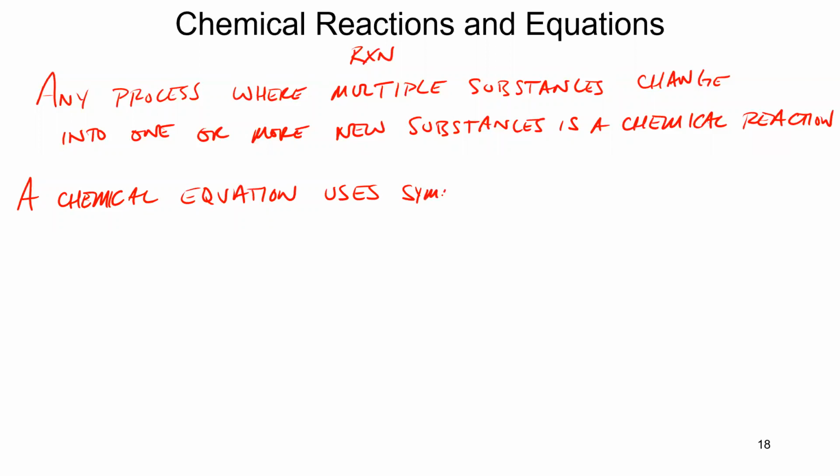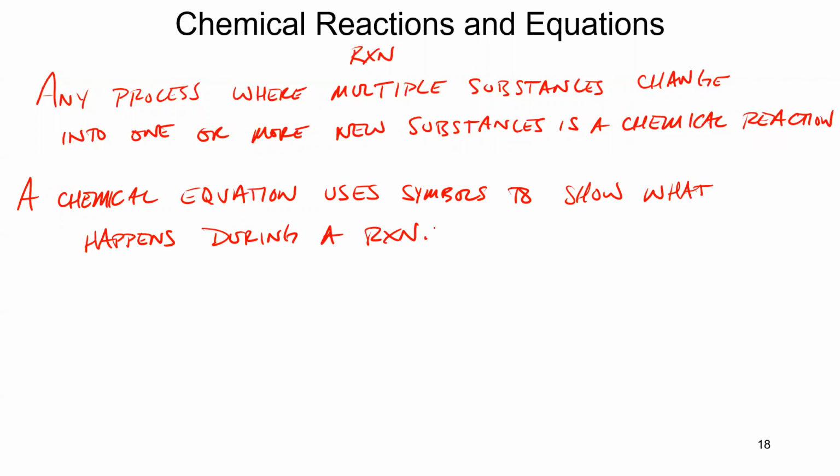It uses symbols to show what happens during a chemical reaction. Another shortcut that we use for equations is EQN, and for whatever reason, a lot of people put the N as a superscript when they write it. That's the way I do it, and that's the way my teacher did it. So reaction and equation, RXN and EQN respectively.